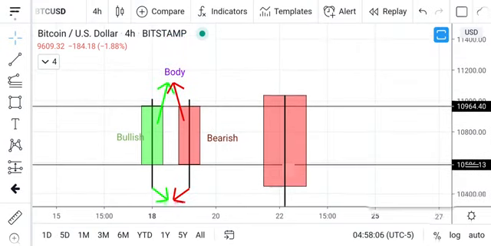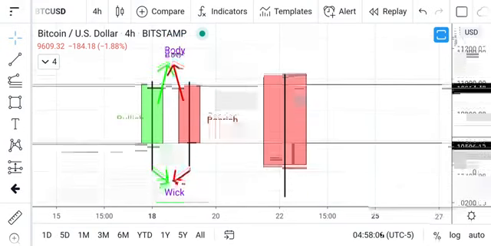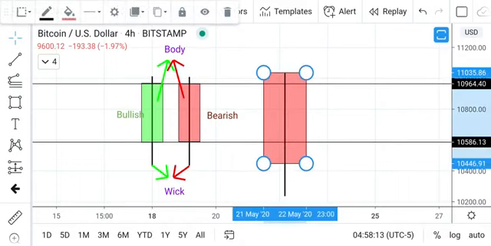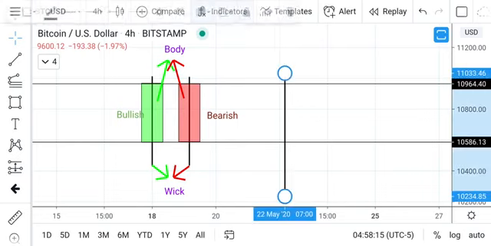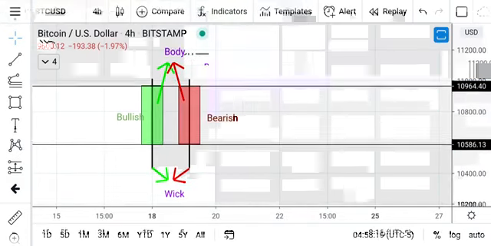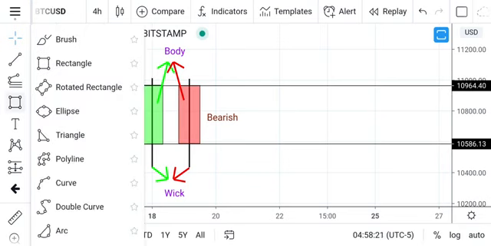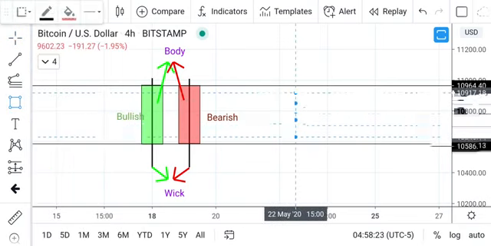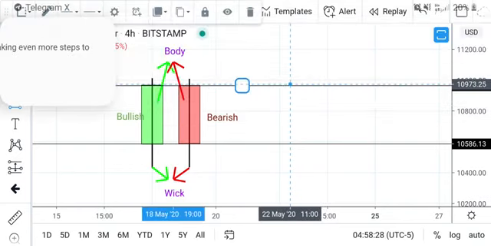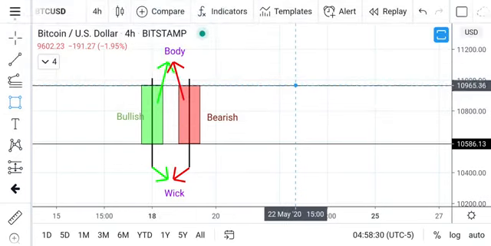Another note is how candlesticks form. For a bearish candle, price opens at the top here.